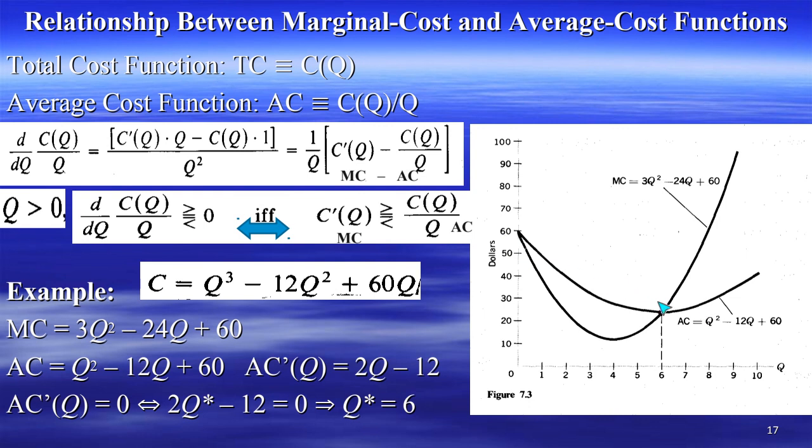The average diminishes. When the marginal is equal to the average, it doesn't change the average. The average remains constant for some time. And when the marginal is greater than the average, it pulls up the average. The average augments. This is valid in economics, in physics, whatever you wish.